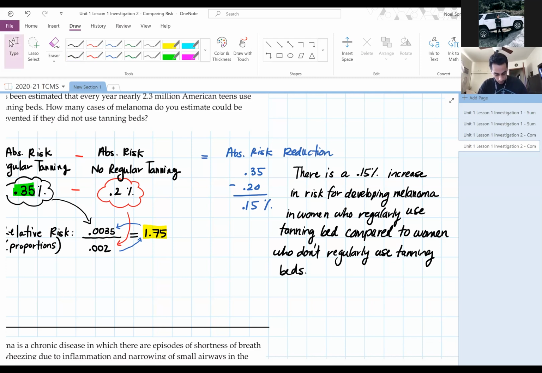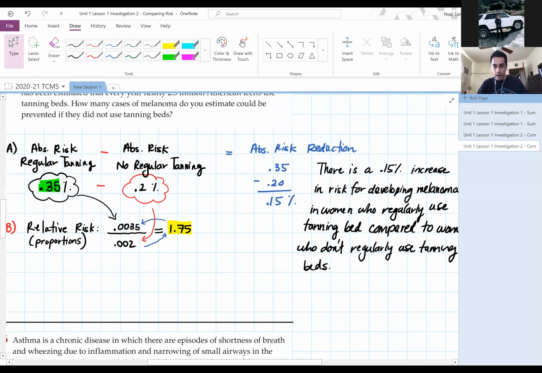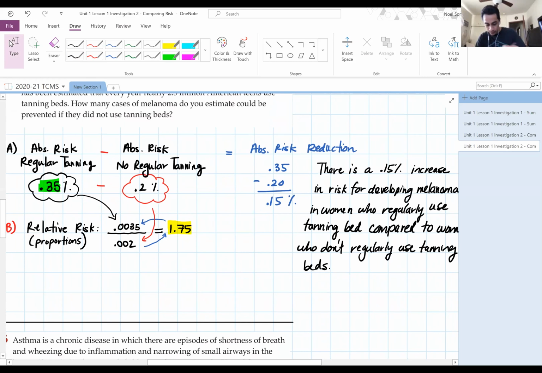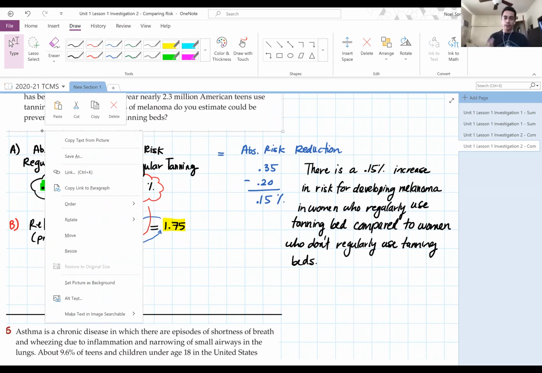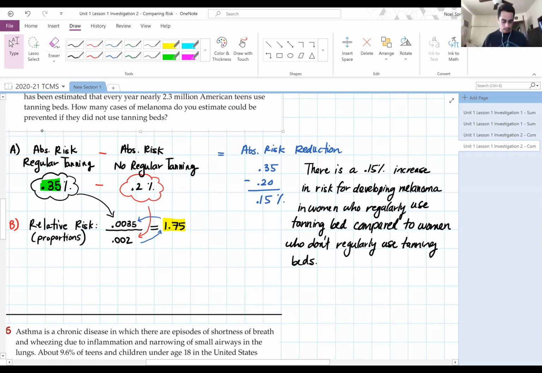Now versus what we could say regarding relative risk, right? How does the statement for relative risk differ slightly from what we found in the risk reduction? How would that phrasing be different? What could we say about it? How could we describe what the 1.75 means in this context?